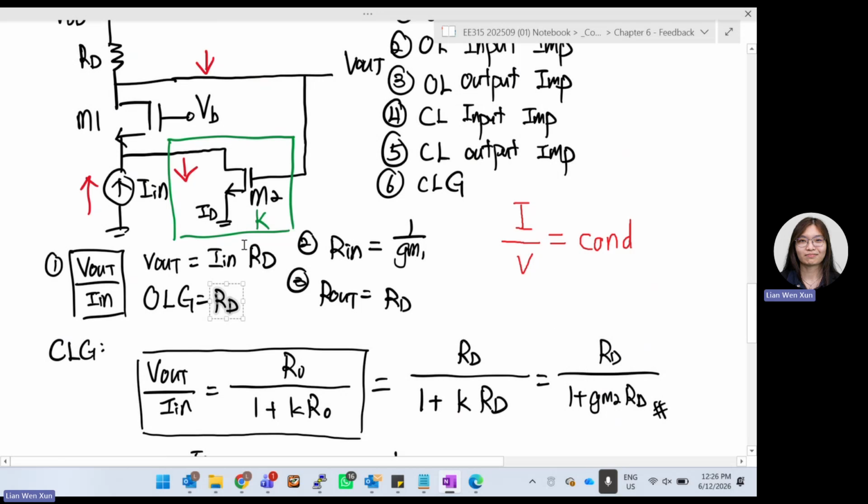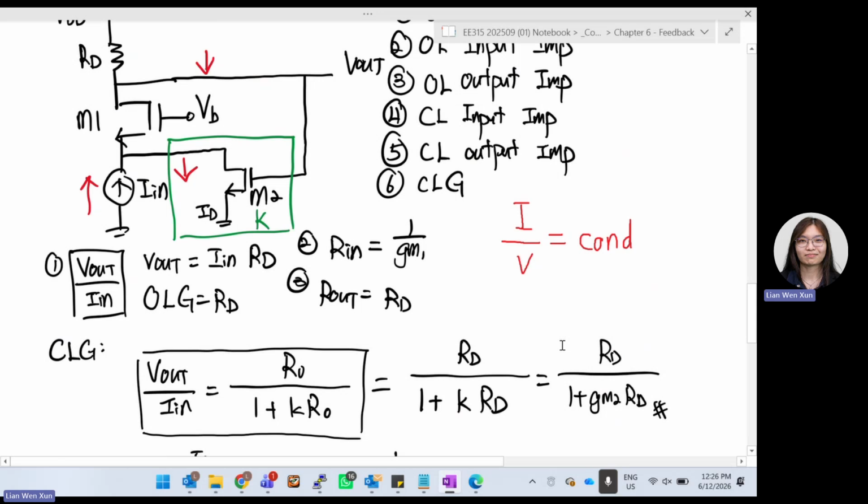But what exactly is your K? K is a current source. It converts the voltage to current. That is basically our transimpedance. So we convert. Basically output is I, input is V. So that is our conductance.